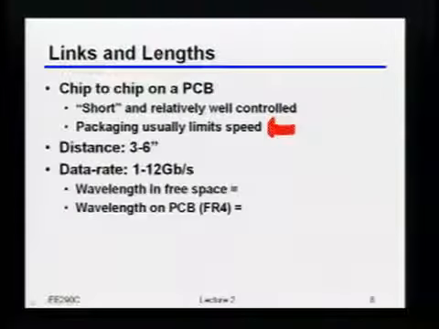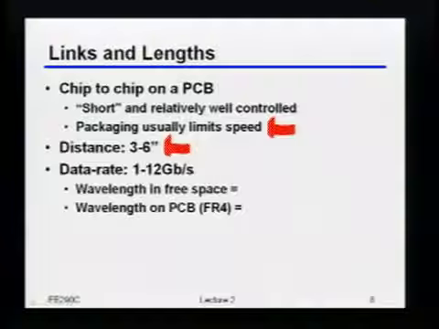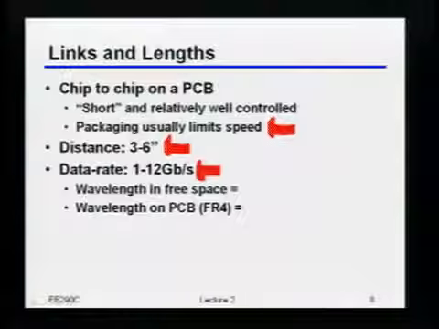But just to give you an idea, the typical distances you're talking about there are about 3 to 6 inches, maybe even 9 inches, or at most 10 or so. Think of the motherboard PCB for your laptop, but not too much larger than that. And for typical data rates there, you're looking at anywhere from about 1 gigabit per second up to about 12 gigabits per second or so for standards that are out there in the world today.